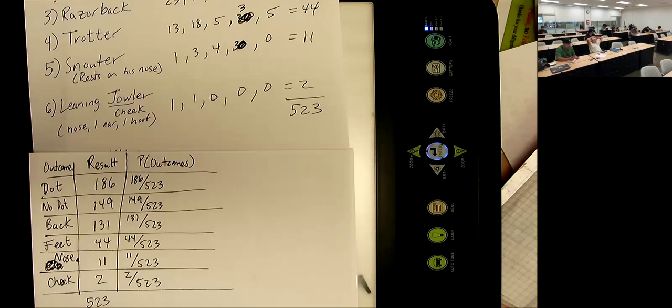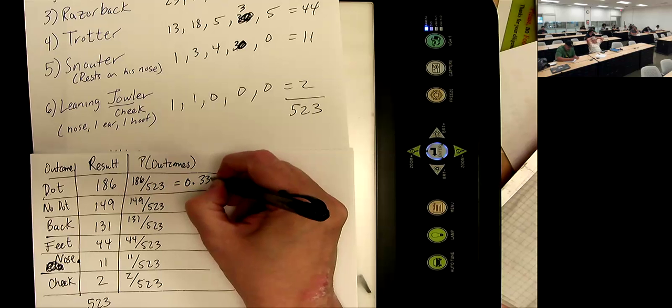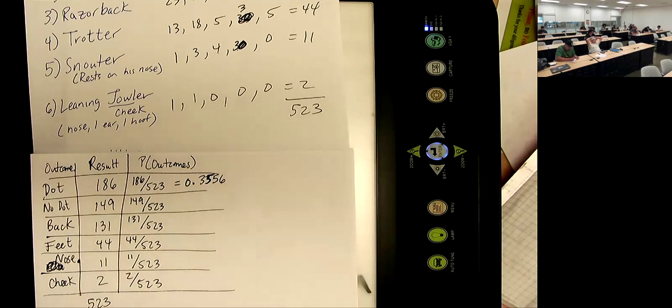I'm going to say 4 decimal places. 0.3556.